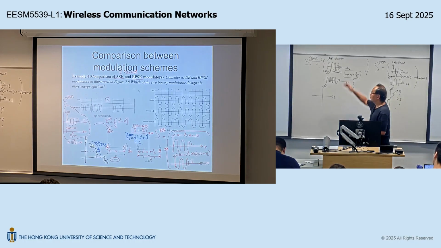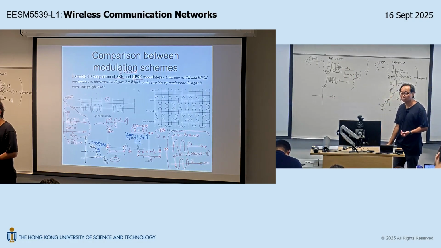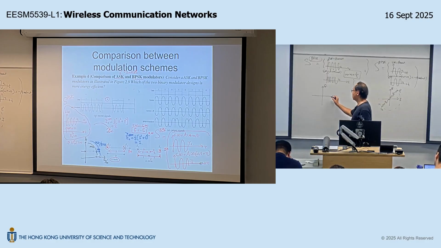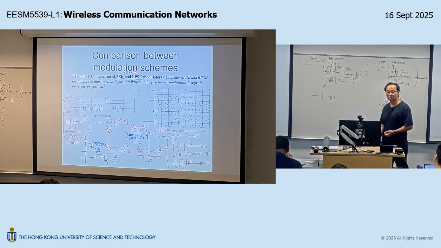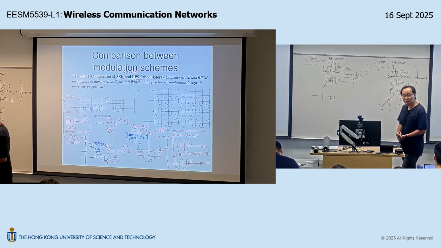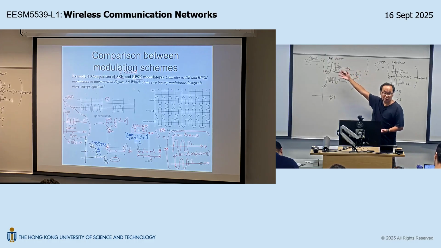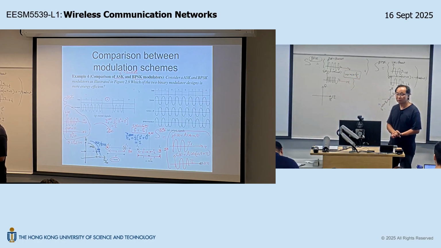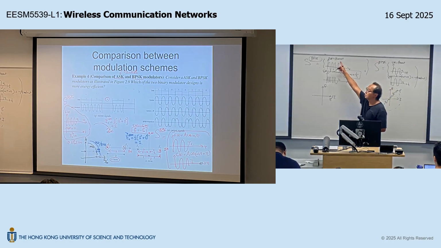Now for this BFSK, what can we say about the 2 points? If one point is arbitrary, let's say this is my first point, what can we say about the second point? Can the second point be anywhere? That depends on the feature you can extract from this time domain waveform, right? First of all, you will see that these 2 members have the same energy.